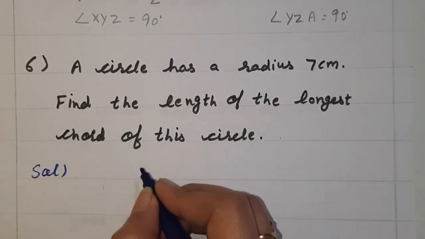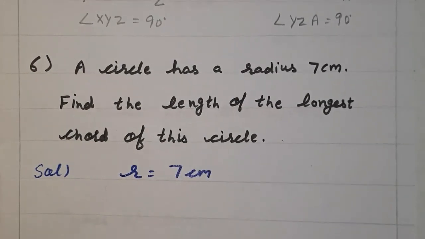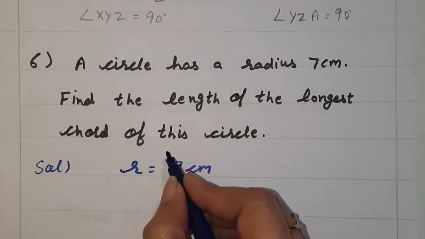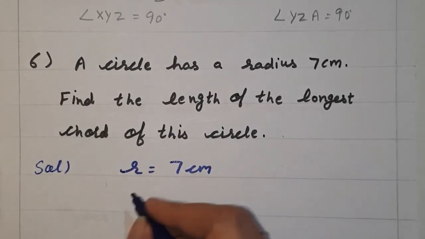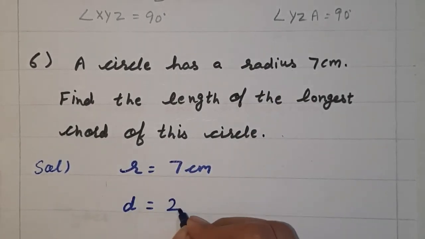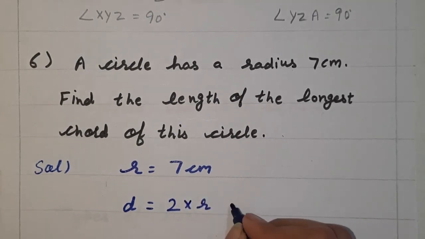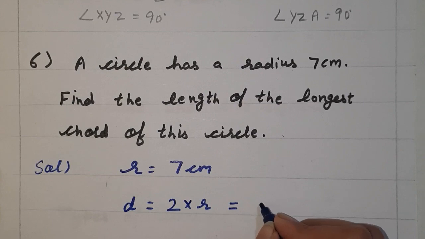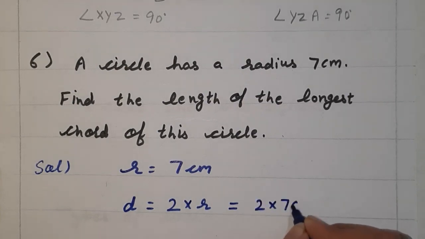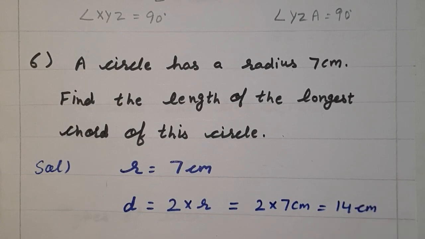Now see, radius is given 7 centimeter. It is asked find the length of the longest chord. Longest chord is diameter. So diameter is equal to double of radius or twice of radius. You know this? Huh? So 2 multiply 7 centimeter. It will become 14 centimeter.